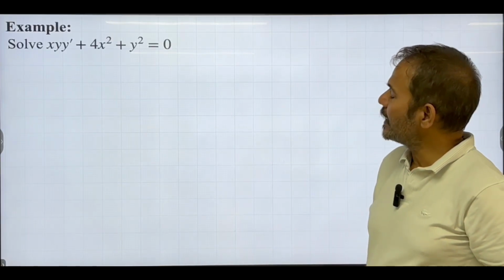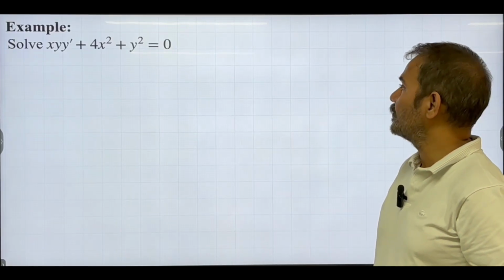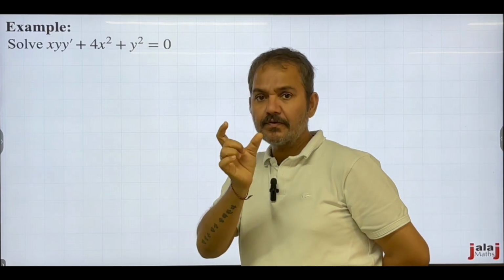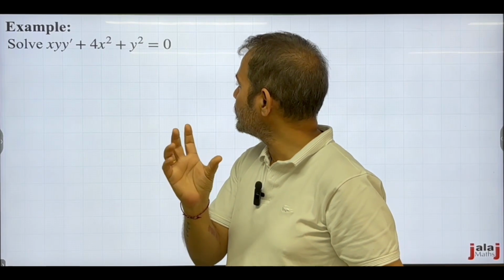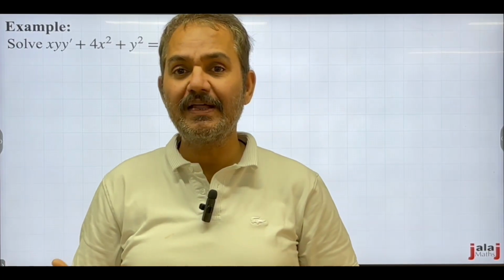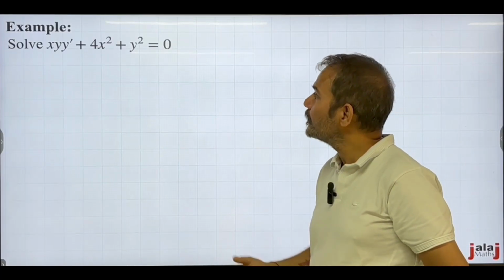If you have an equation like this, x y prime plus 4x squared plus y squared is equal to 0. Here, x and y are in such a combination that it's more implicit than explicit, so it is difficult to separate x and y.